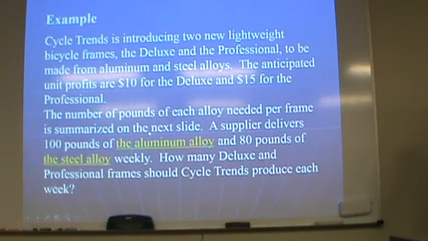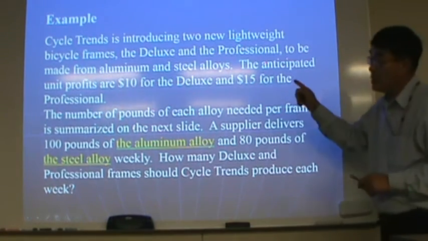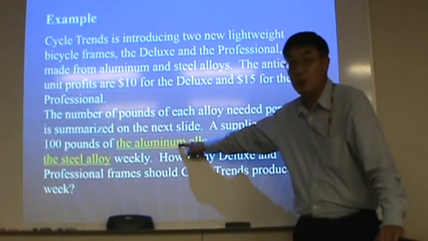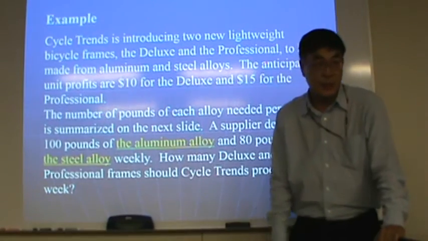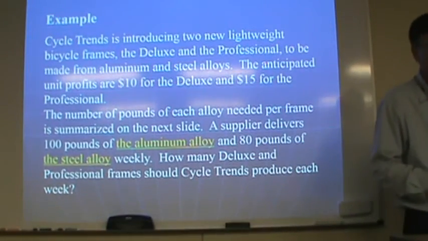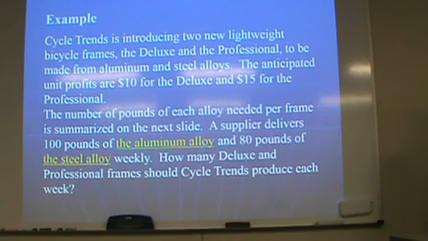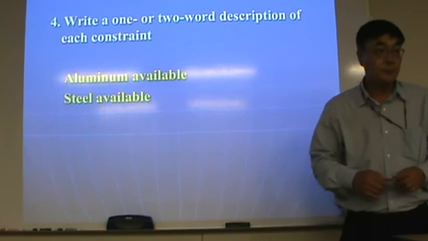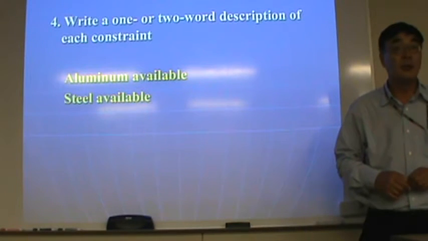For this problem, there are two resources: aluminum and steel. So there are two limited resources. So write aluminum availability, steel availability. They are limited, right?